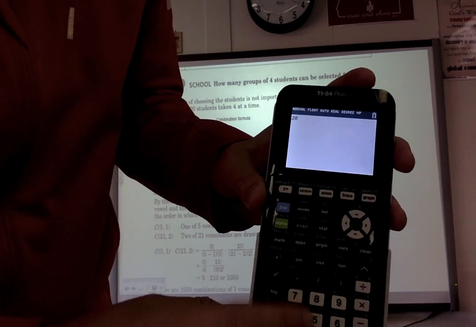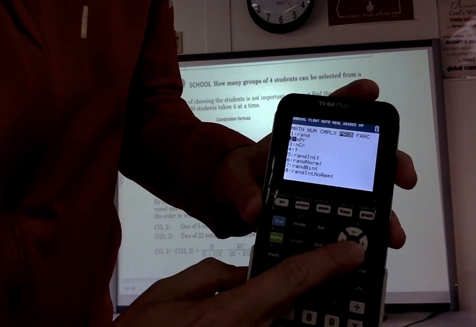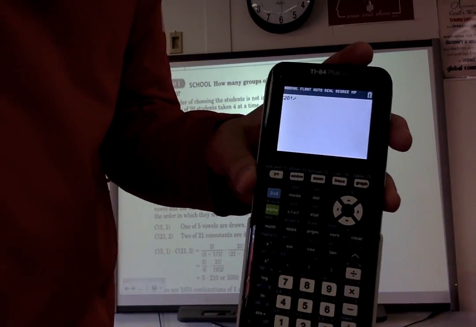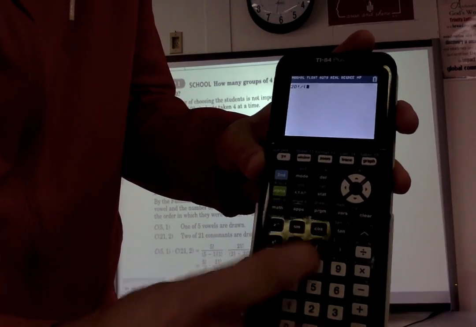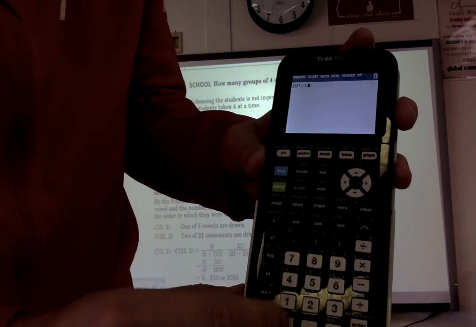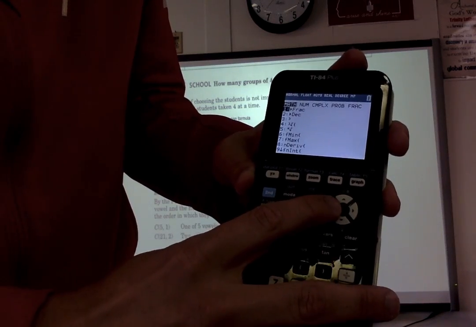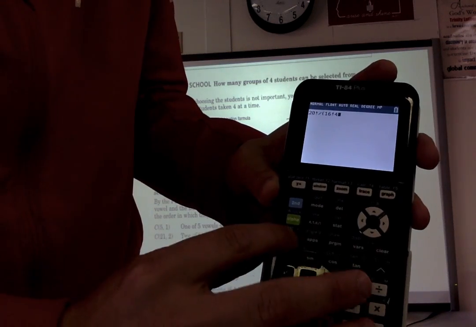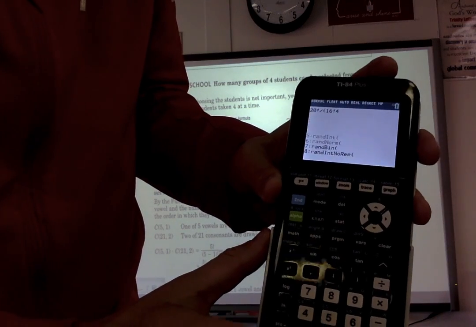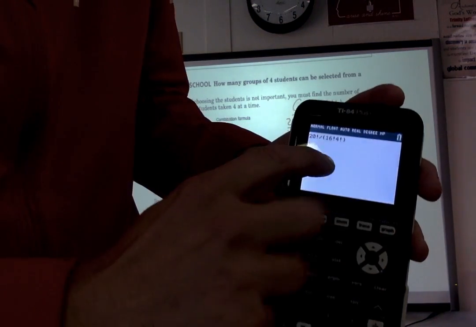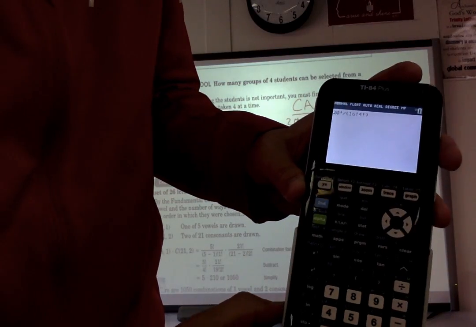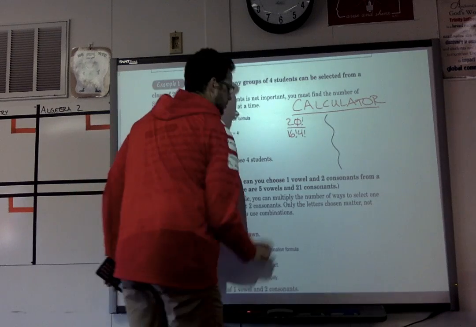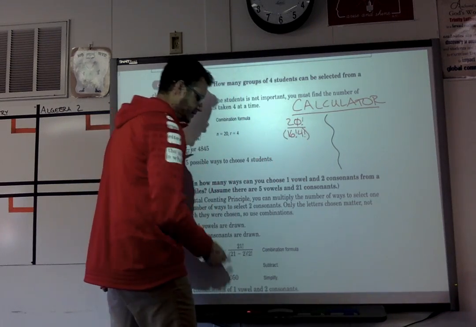So you want to go 20 factorial divided by, and since we want that multiplication to be done first, if we put that in parentheses, thinking order of operations, whatever is in parentheses will be done before the division. So we would go 16 factorial times 4 factorial, end parentheses. That way it'll do the multiplication first and then divide it, and we get that same answer of 4,845. So on your calculator, you want to make sure that is in parentheses.